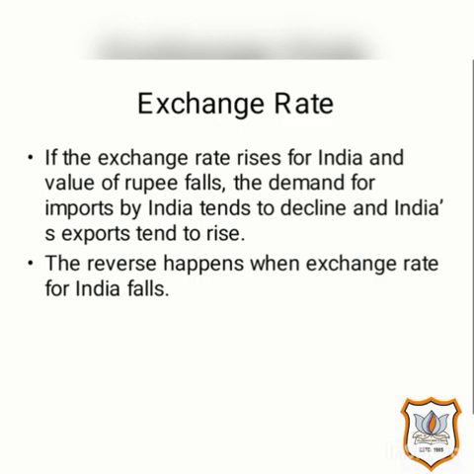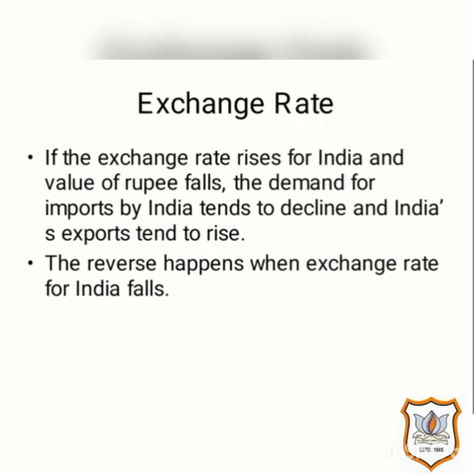While earlier by spending $1, a foreign trader could purchase goods worth rupees 60, now he can buy goods worth rupees 65 by spending that same $1. That means for that foreign trader, import would become cheaper.